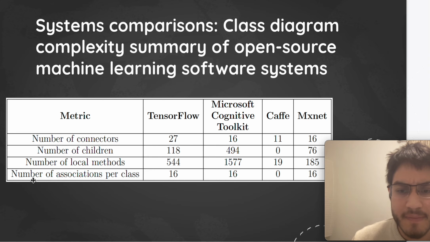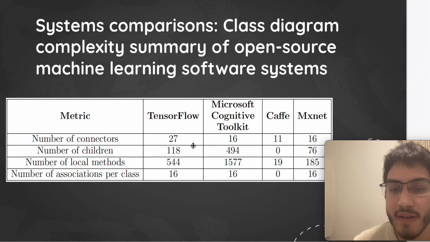And finally, we also see the comparison of the metrics between the four frameworks. We can see that for the number of connectors, the winner is TensorFlow, the biggest and most popular one, which makes sense.